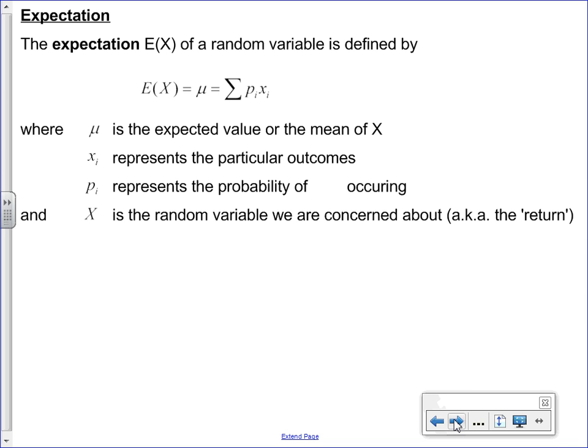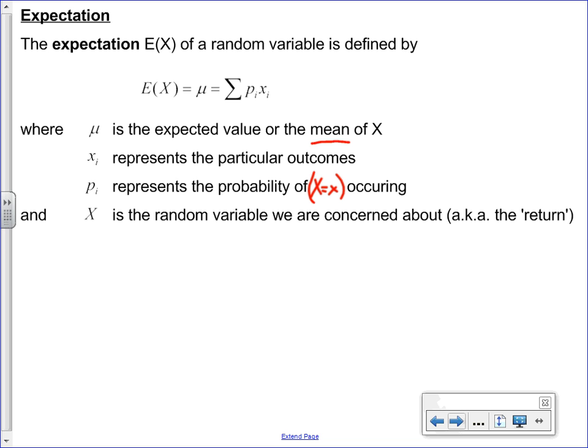Mu is the mean. Have you seen that in statistics? Mu is the mean value of X. Then you have the particular number of outcomes. P represents the probability of X equals little x occurring, and your random variable is what you want to happen.